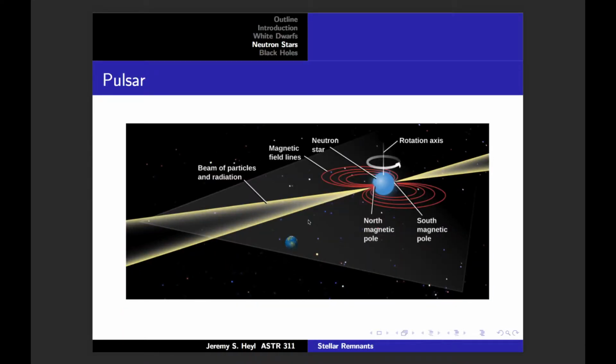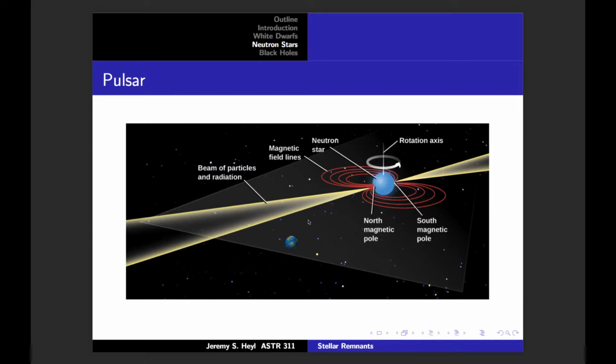So we have this schematic here. This is set up really like a lighthouse. The neutron star is about 10 kilometers in radius. It usually has a strong magnetic field, meaning much stronger than we can make on Earth.